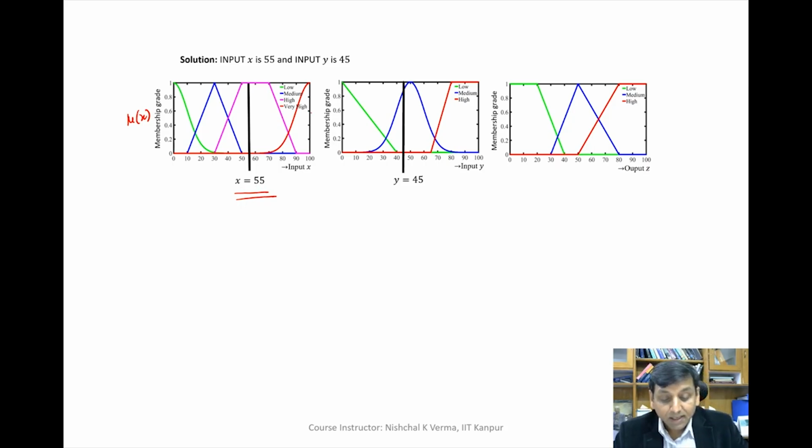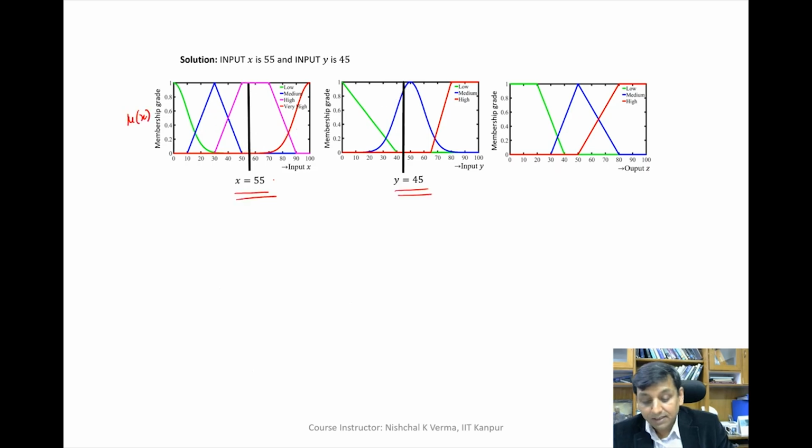Similarly, for Y is equal to 45, we see that only medium is applicable, because low has 0 value corresponding to Y is equal to 45, and similarly high also has 0 value.